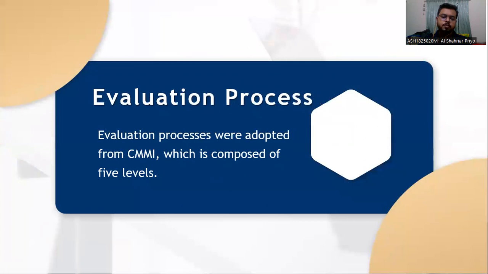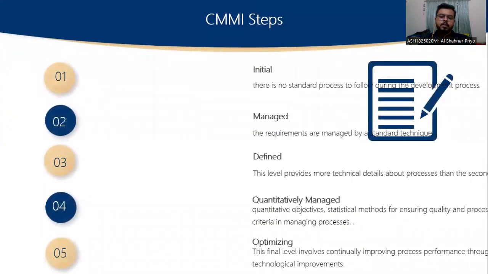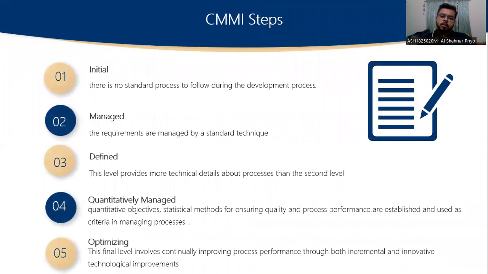An evaluation process. Evaluation processes are adapted from the CMMI model, which is composed of 5 levels. Capability Maturity Model Integration, also known as CMMI, has 5 levels. One is initial. There is no standard process to follow during development. The second level is managed. The requirements are managed by a standard technique.